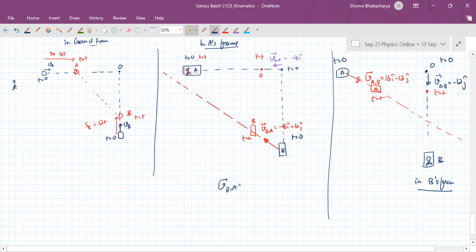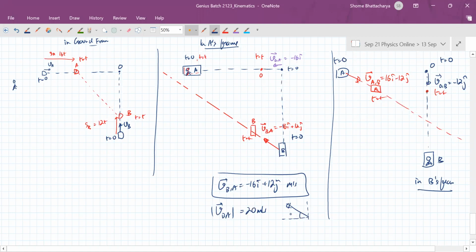V of B with respect to A. So this is a vector of magnitude 20 meters per second in a direction like this, where you see that this angle becomes 37.